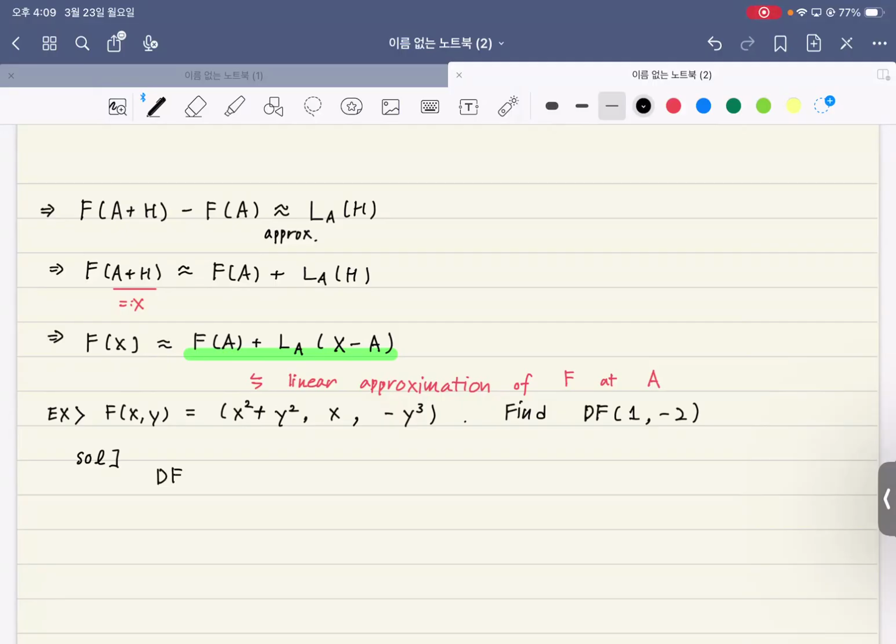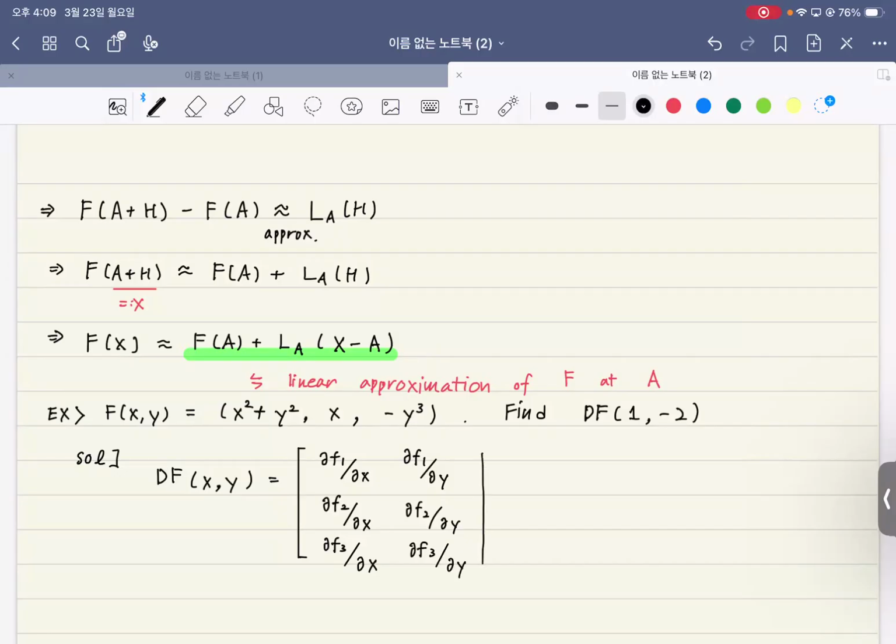So df at (x, y) is the matrix with partial f1 over partial x and partial f1 over partial y, partial f2 over partial x and partial f2 over partial y, and partial f3 over partial x and partial f3 over partial y.